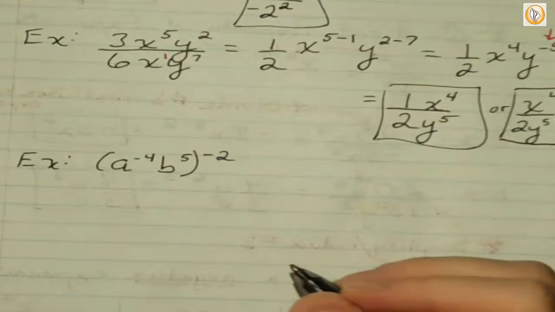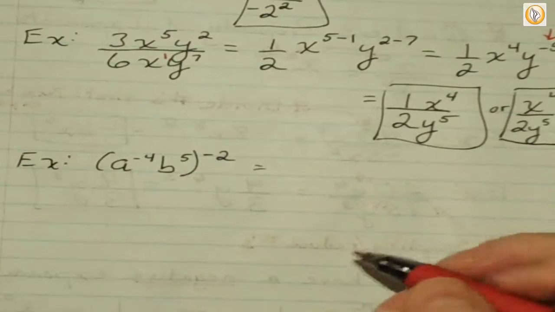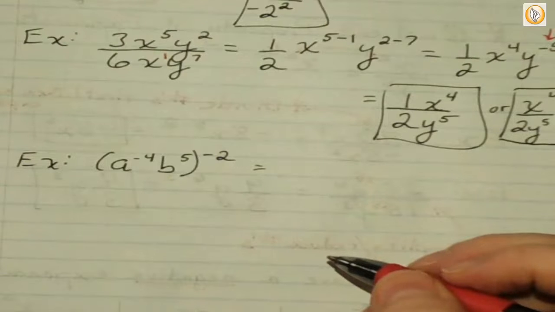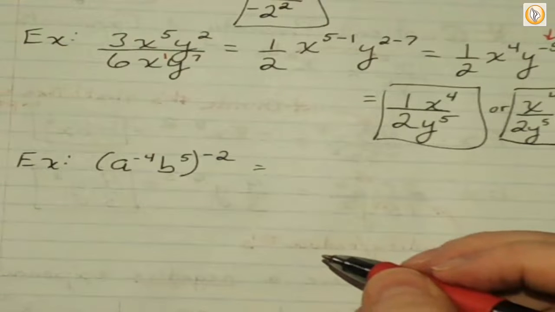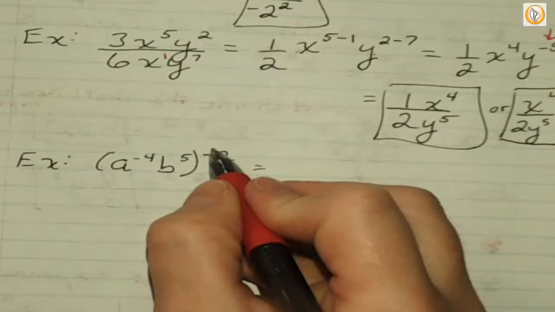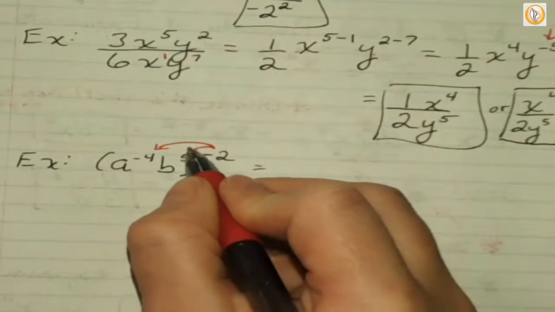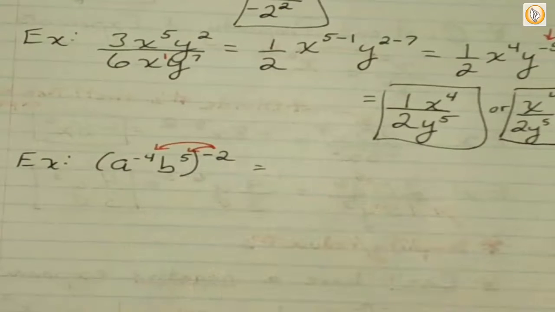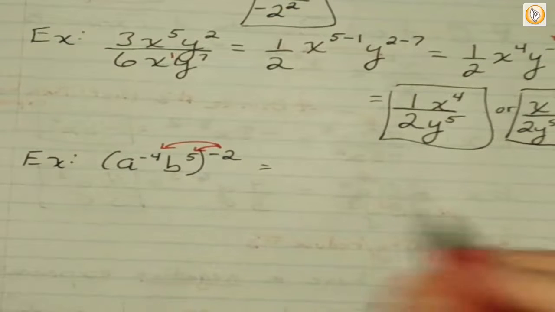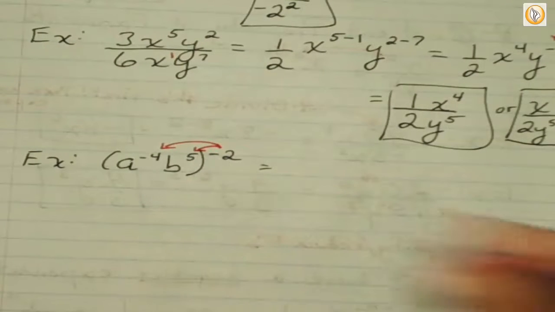Tell me what to do. Yeah. So what are we doing? That's right. We're multiplying. Very good. So she's correct. It's on the outside, so we're multiplying it.